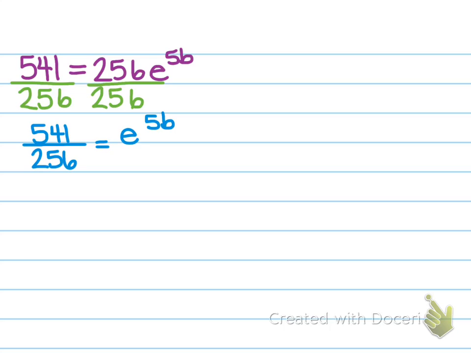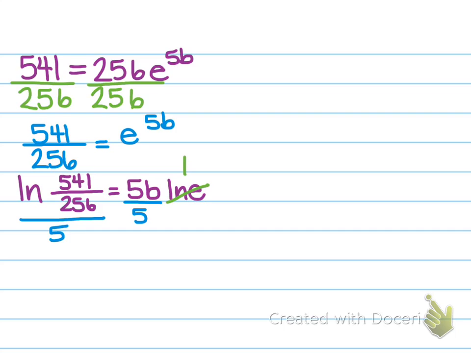Now I need to take the natural log of both sides to be able to bring the exponent down in front of the e. So that's going to be the natural log of 541 over 256 equals 5b times the natural log of e. And I remember that the natural log of e is 1. So then all I'll have to do is divide by 5 on both sides.